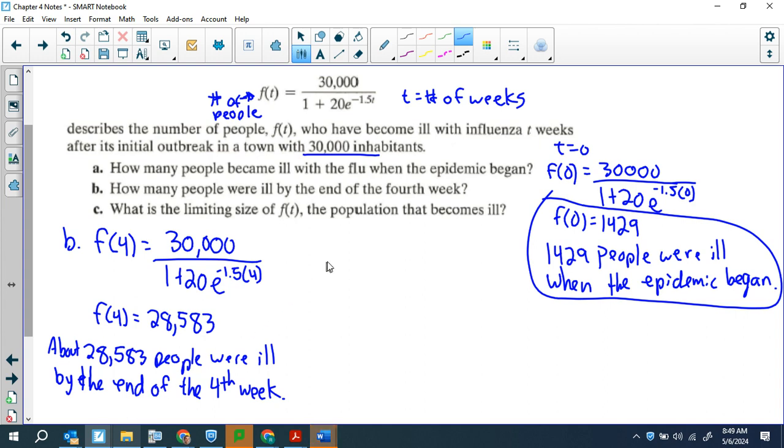So part C, we can say 30,000. Is that always going to be the number? The numerator is always the capacity, the highest it can be.